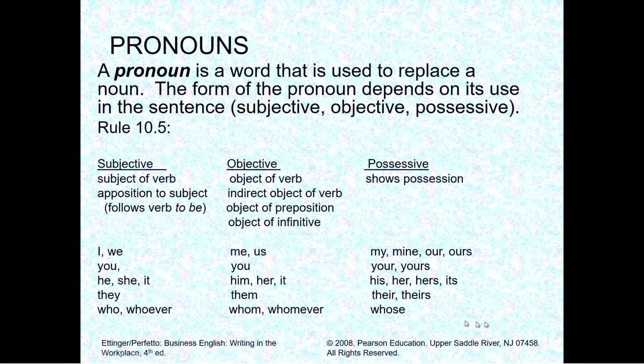The one you really have to pay attention to is whose. Whose is not used very often in the English language, believe it or not, but it is a possessive pronoun. That is Rule 10.5. There are 3 different types of pronouns, but there's even more.